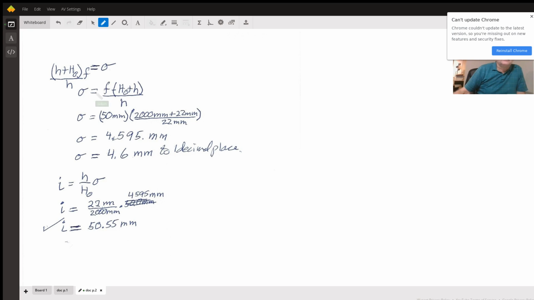This distance is equal to F times H plus h over h, meaning the height of the boy plus the height of the image over the height of the image.